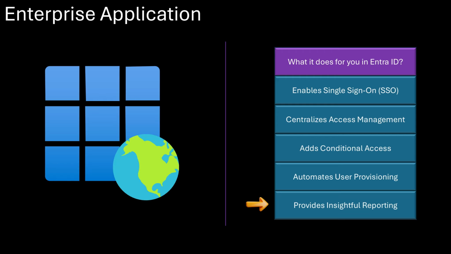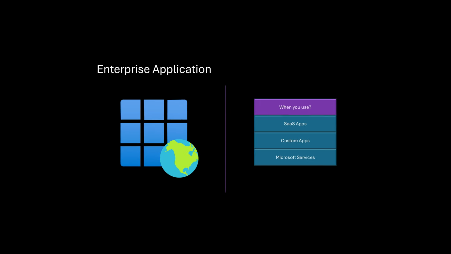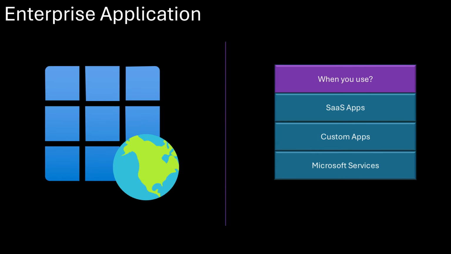And you can easily track who is using the app, monitor sign-ins, and get alerts for access errors with built-in reporting tools. You can use enterprise application for SaaS apps, custom apps, and Microsoft services. For SaaS apps, let's say your team uses Salesforce or Zoom.